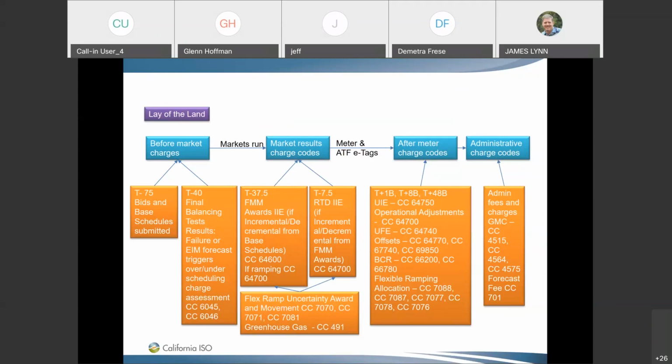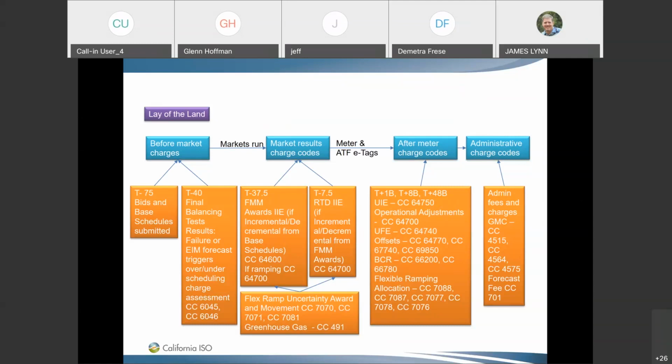So at that point, your load is going to get a UIE charge of the UIE times the real-time LMP. But it's also going to get a 100% UI charge for underscheduling in the charge code 6045. So this is a 100% penalty at that point if you're 10% underscheduling of your load.